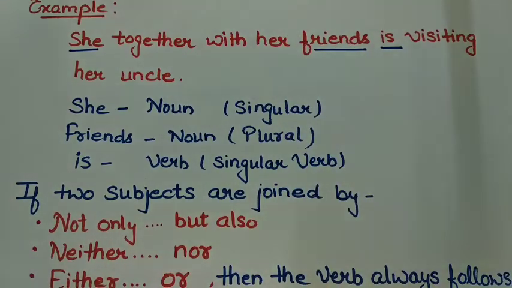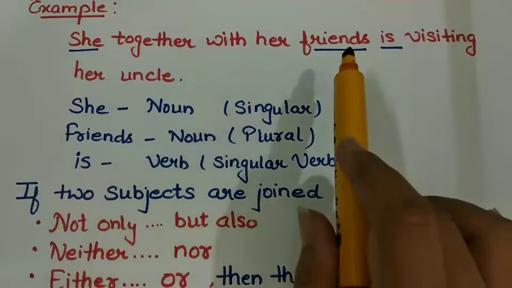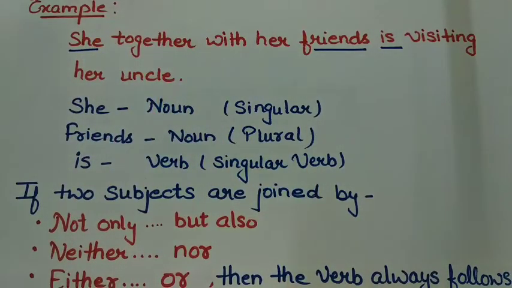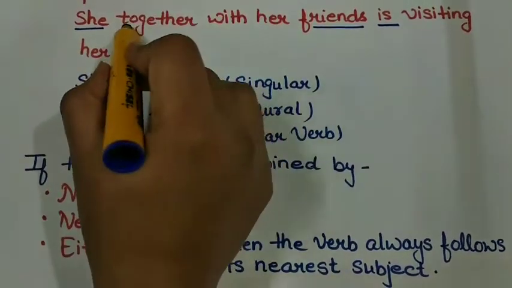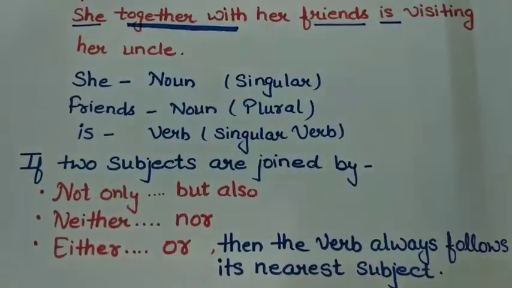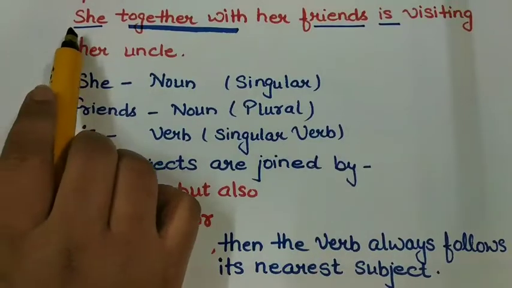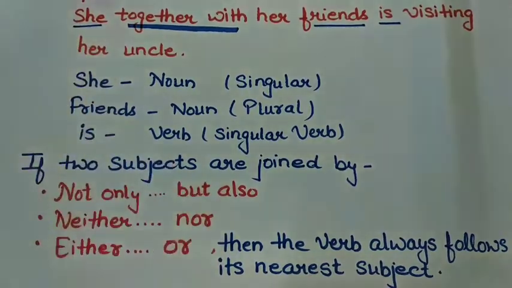So I have connected she with her friends using together with. Now what should be here is. Why is? Because I have used the first case, that is she, and she is a singular noun. So she together with her friends is visiting her uncle.